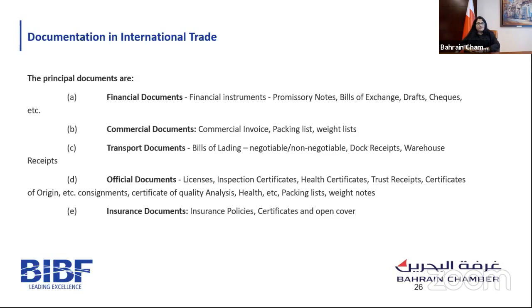So you can ask for such official documents, licenses, inspection certificate, health certificate. Many a time, especially now with this pandemic situation, post-COVID, there will be more requirements with respect to health certificate, quality certificate, phytosanitary certificates, etc. Phytosanitary certificate is something which I'm expecting will be part of each and every contract.